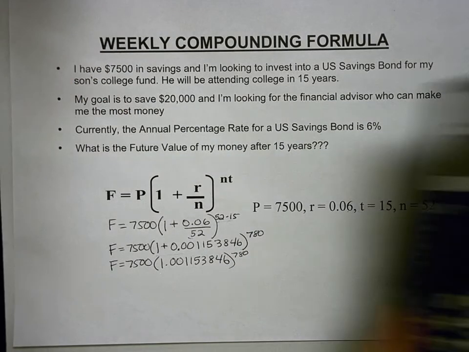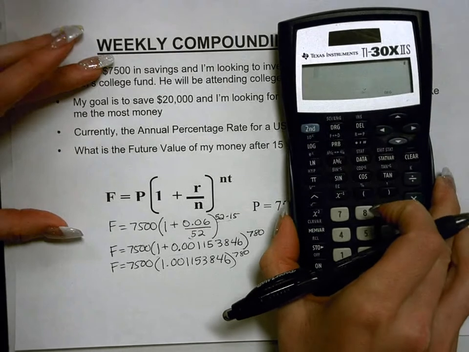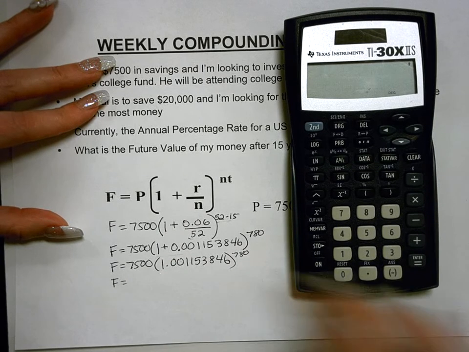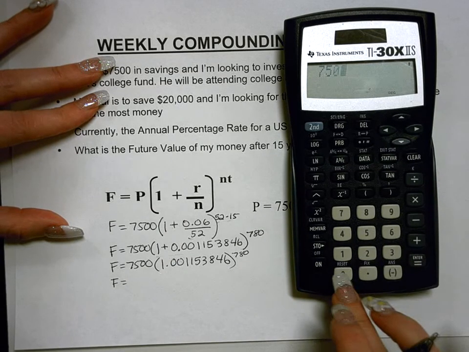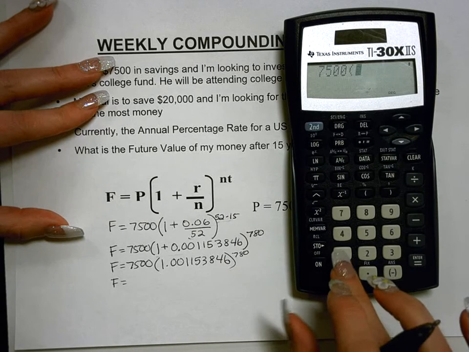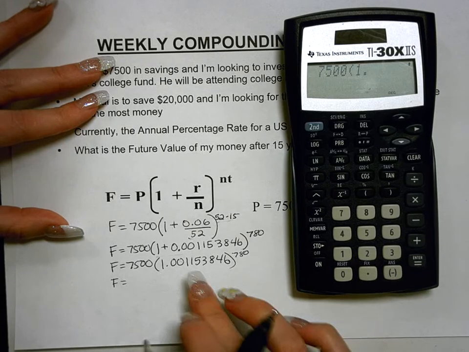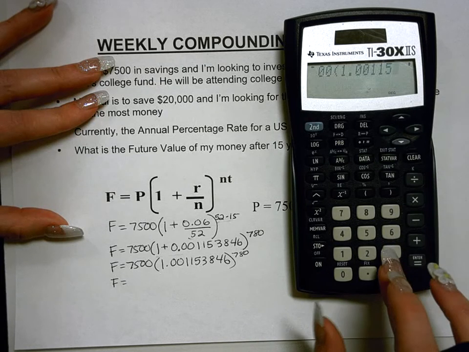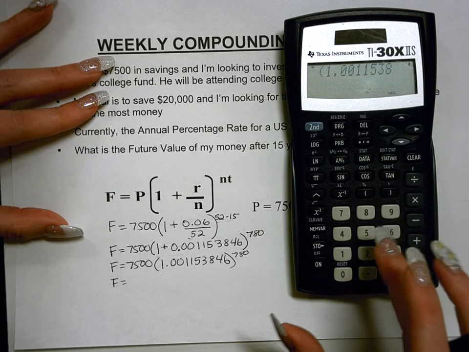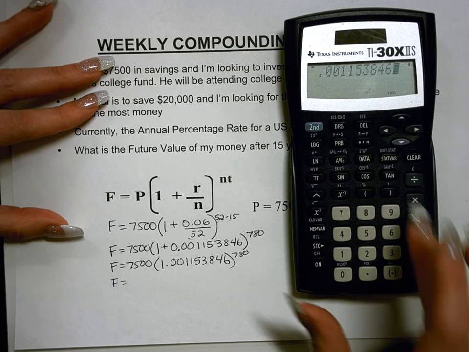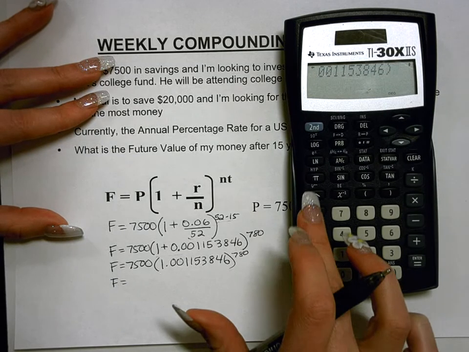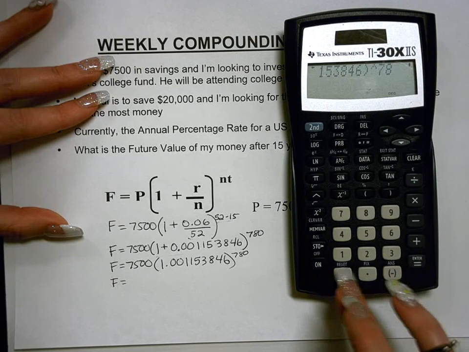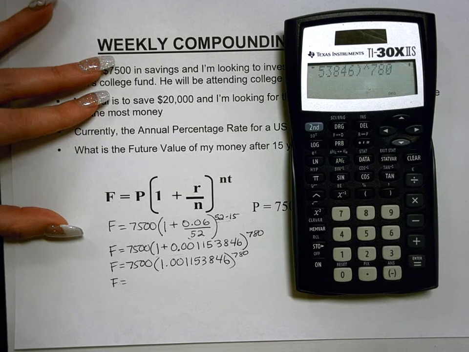So at this time, I can just go ahead and input this into my calculator and arrive at what the future value of my money is. So I'm going to go 7,500, parenthesis 1, and then a big old long decimal, 1.001153846, close the parenthesis, and then I'm going to use the little caret thing, raise it to the 780th power, and then hit enter.